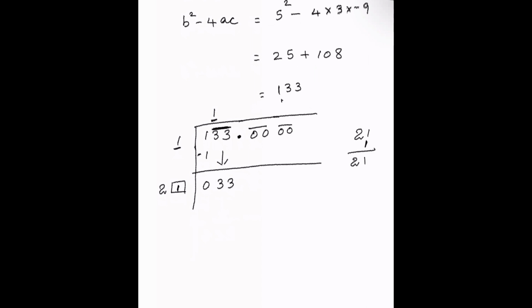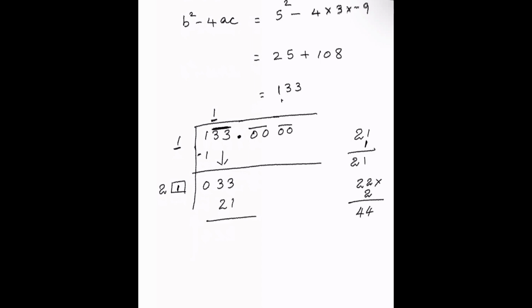If I am putting 22, I should be multiplying 22 with 2, then I'm getting 44, but that 44 is bigger than 33, so I cannot go with 2. I have to go with 1 itself, because 21 into 1 gives me 21.